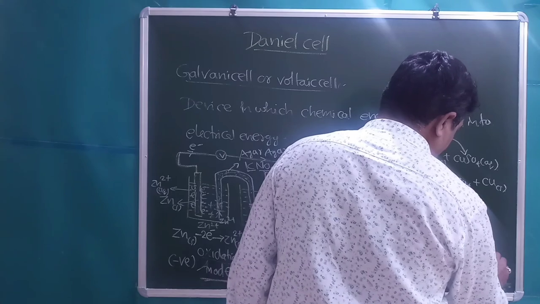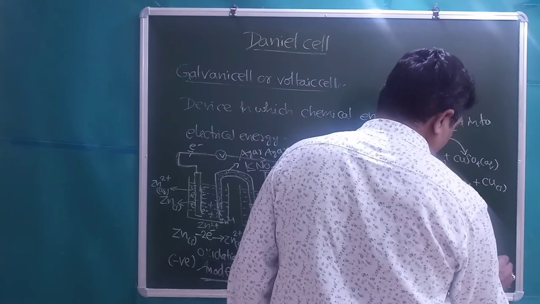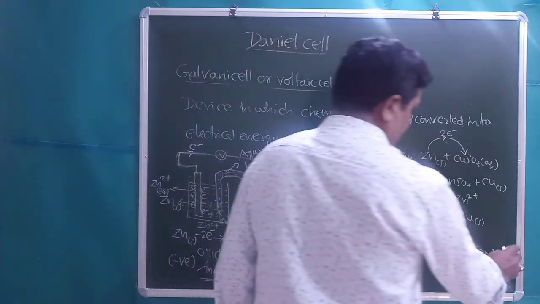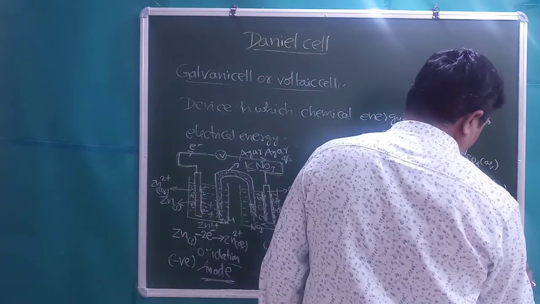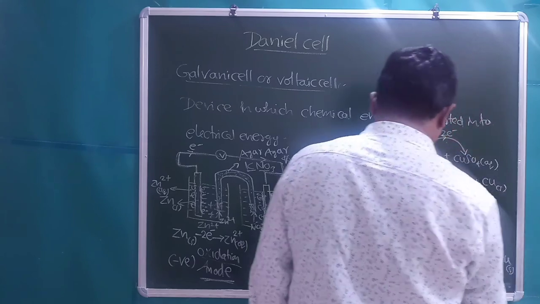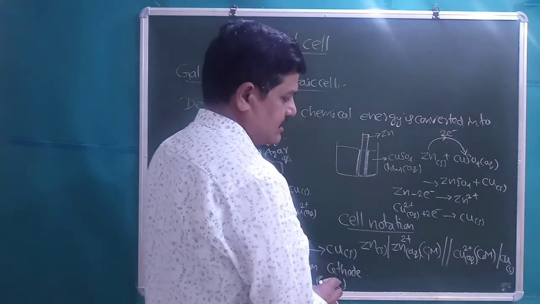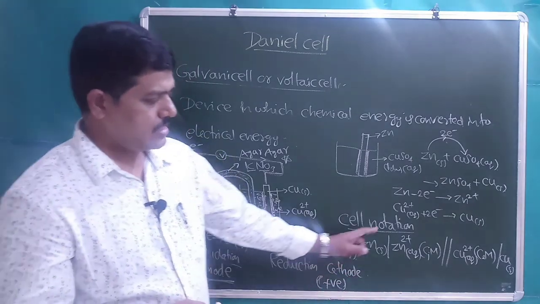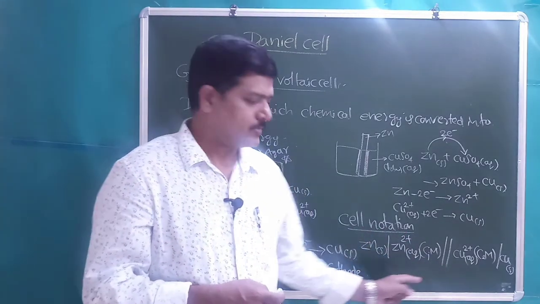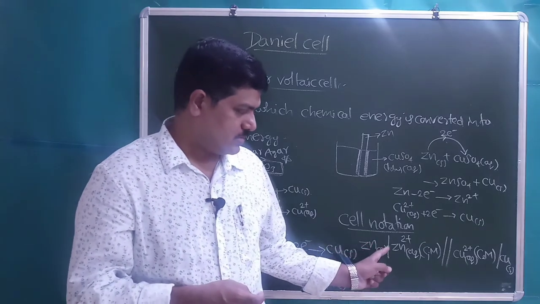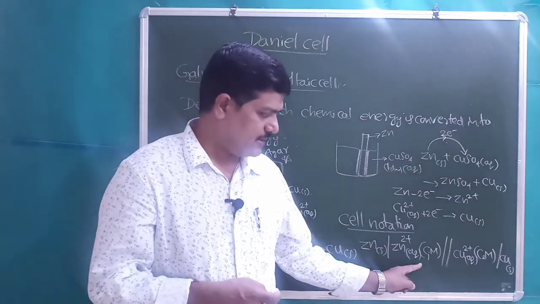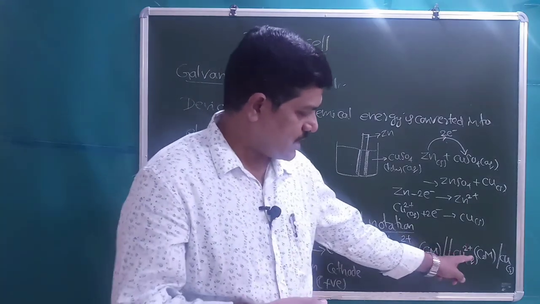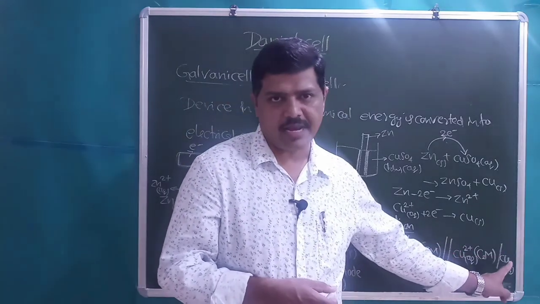If its concentration is C2 molar, we have to write it, like 0.1, 0.001, like that, slash, the cathode electrode we write, right? This is a general cell notation, the short form of the galvanic cell representation: anode electrode slash anode electrolyte, its concentration, double slash, and cathode electrolyte slash cathode electrode.